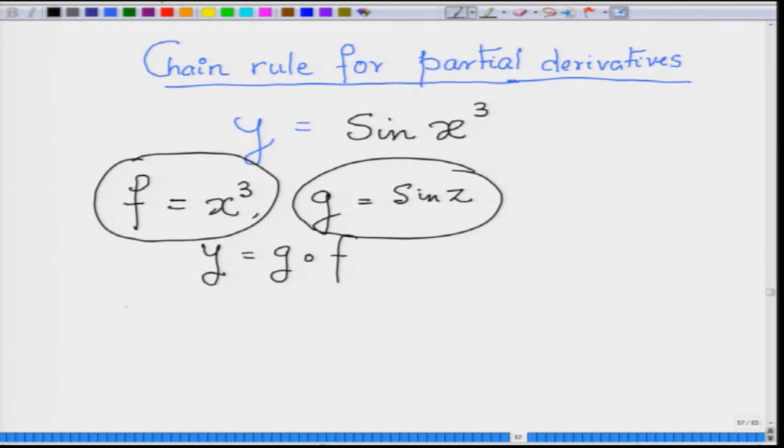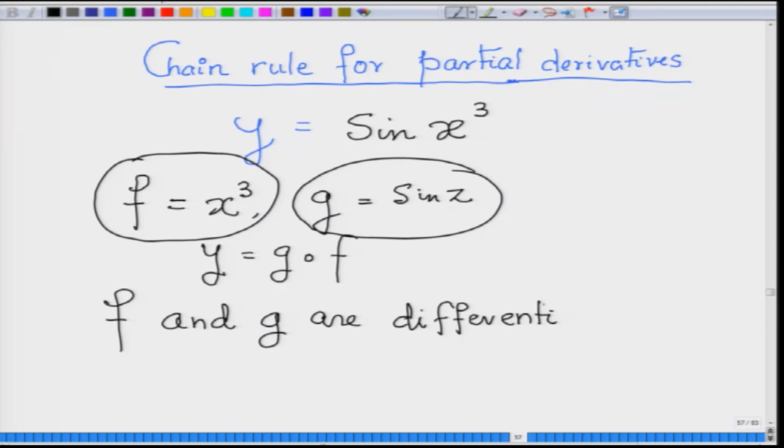So both f and g are differentiable. Okay. What is the derivative of h? That is the question we should ask. This leads to what are called chain rules. Chain rule means taking the derivative in a chain one after the other.